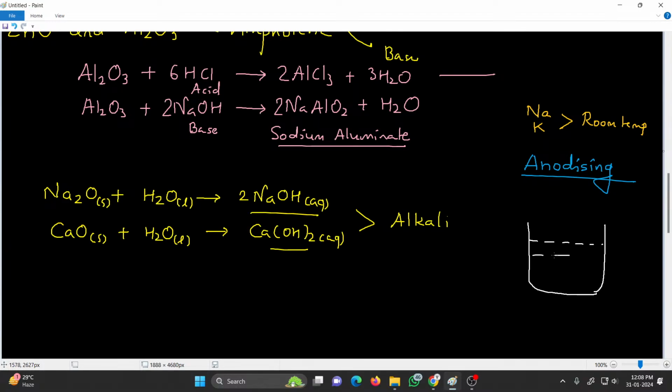Dilute sulfuric acid is used as electrolyte. This actually we want water, but to make it more conductive, we add some dilute sulfuric acid into water. Then the aluminium article, which is to be anodized, is made anode. That means the positive terminal of the battery is connected to that.